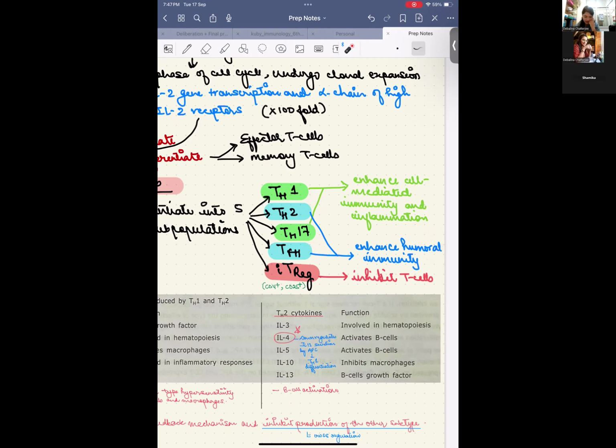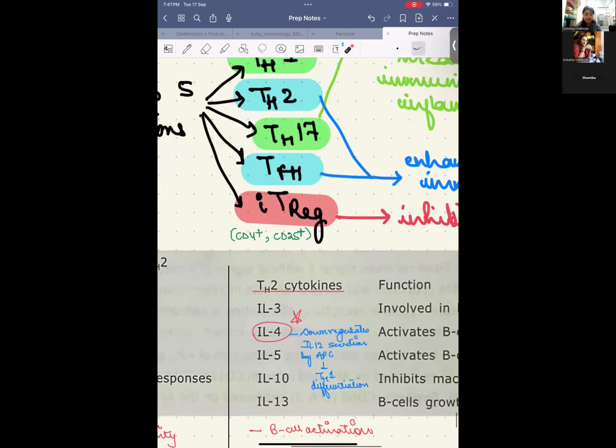And as the name suggests, the regulatory T cells inhibit your T cells, right? Inhibit which T cells? The T helper cells as well as the cytotoxic T cells. So all of these cells are CD4 positive and eventually have different other surface molecules. The Treg cells express the CD25 molecule on their surface.